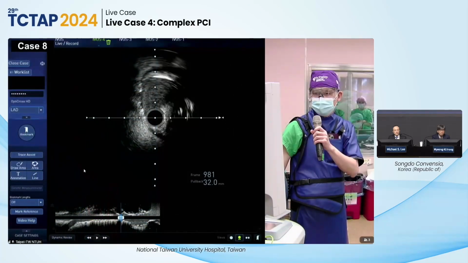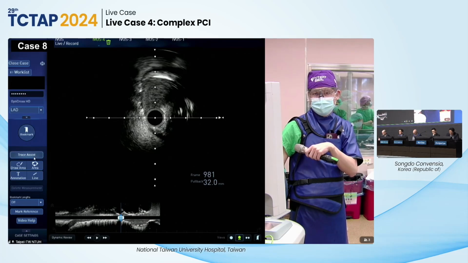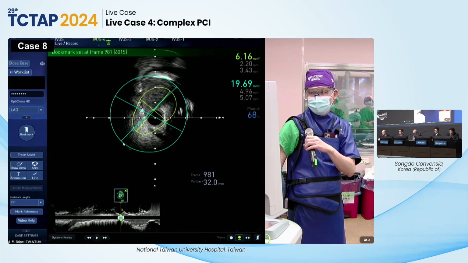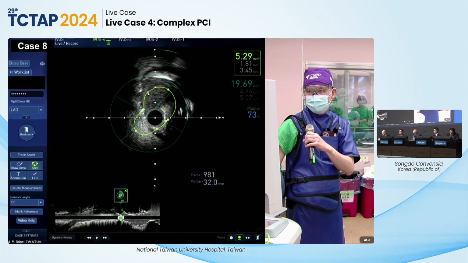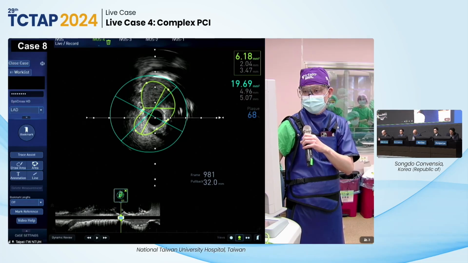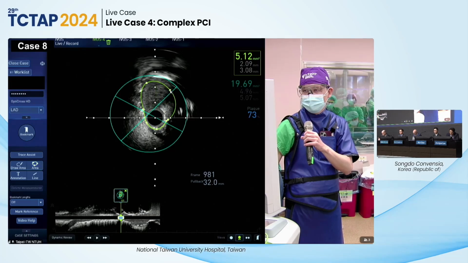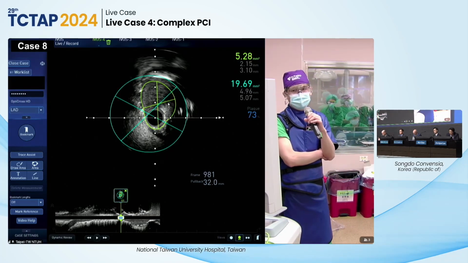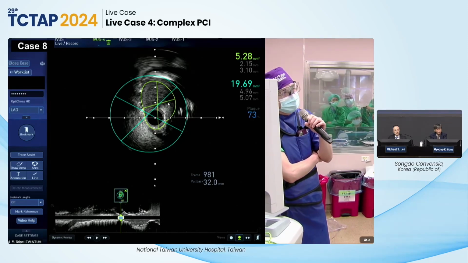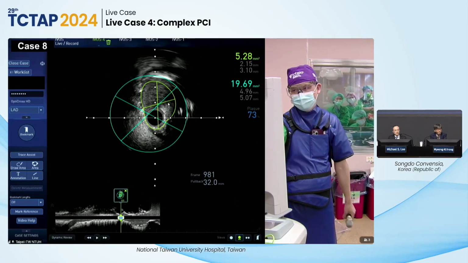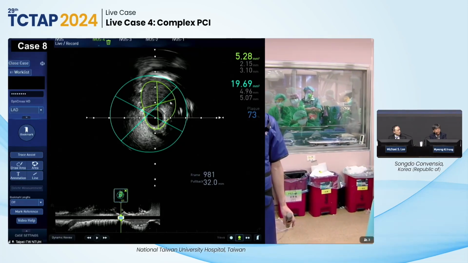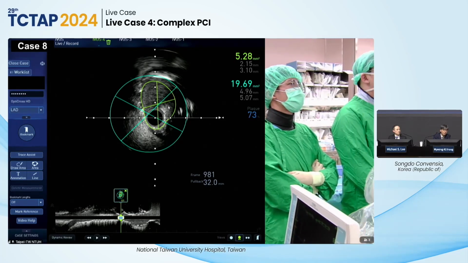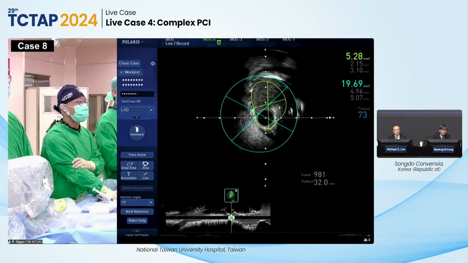I believe this is a slight improvement. Yeah, it's improved, but I think it's still inadequate. I think the minimal stent area is quite acceptable. Yeah. Maybe we can try to optimize this part.